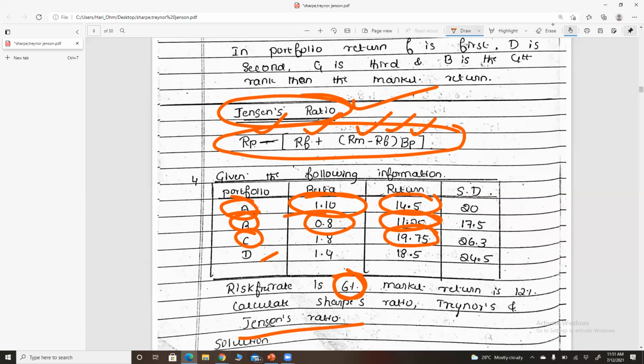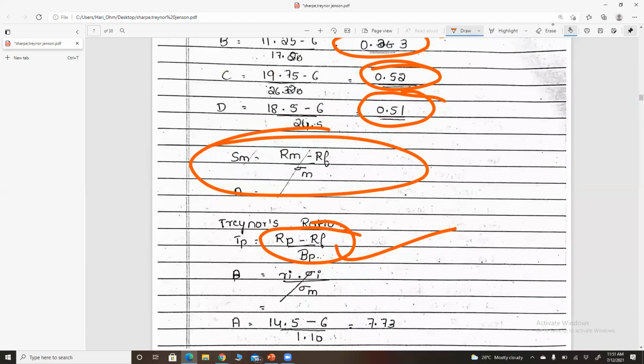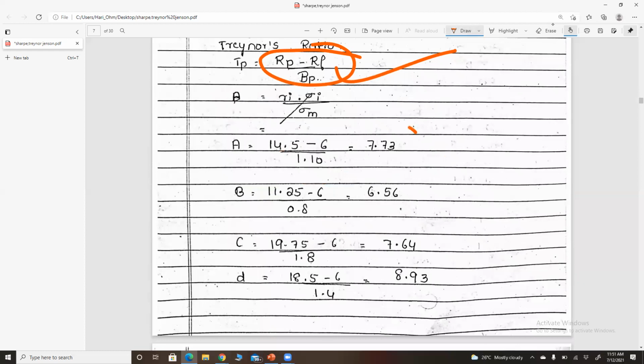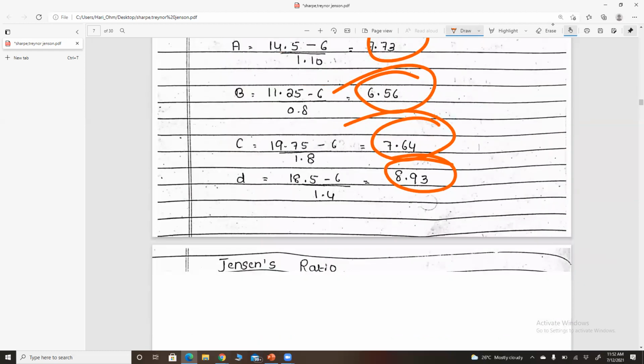For portfolio C, 19.75 minus 6 divided by 1.8, that is the beta. Then 18.5 minus 6 divided by 1.4. So you get the answers 7.73, 6.56, 7.64 and 8.93.